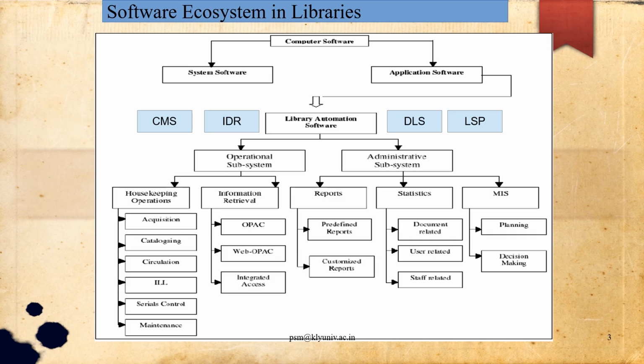That is basically the library discovery system, which later builds the LSP or library service platform. If we take the core part of this ecosystem, your library automation software performs a lot of jobs like housekeeping operations, acquisition, cataloging, or retrieval, like your library OPAC, report generation, statistical data extraction, MIS, management information system, a lot of jobs.